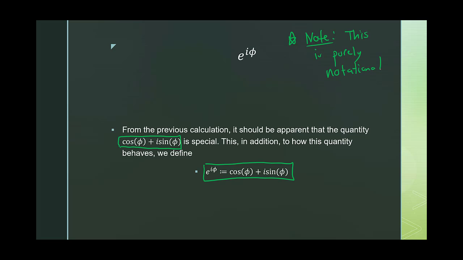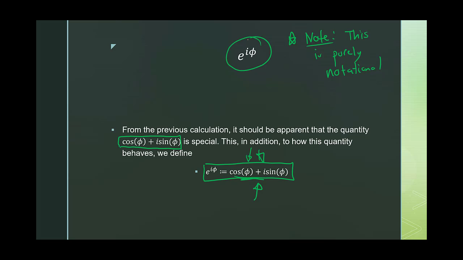Meaning the reason we're calling it e to the I phi is only because we're trying to be a little bit more efficient. Mathematicians don't like writing cosine of phi plus I sine of phi over and over again, right? So instead of writing this whole expression out, we're just going to call this e to the I phi. We will talk about a complex exponential function at some point, but that's not today.